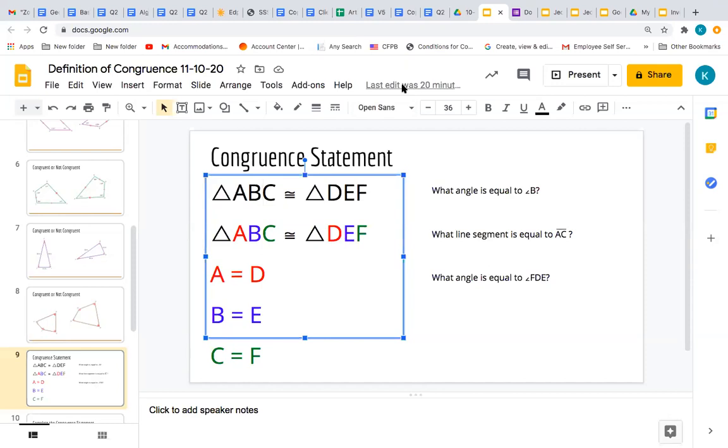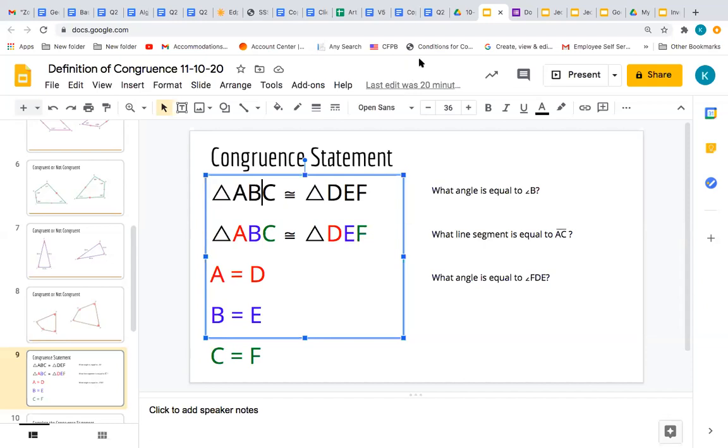ABC. I'm just writing down and I will explain to you in a second. Triangle DEF. You want to know angle B, and AC is congruent to what? And angle FDE equal. Okay.